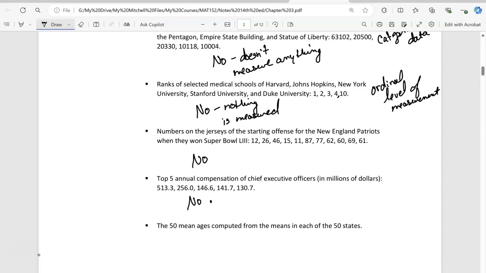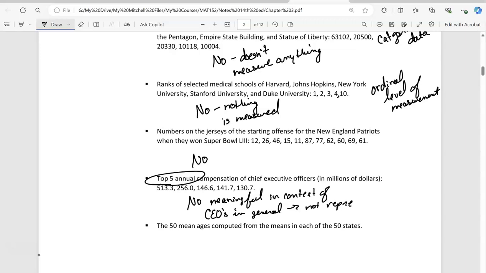We're going to say no. Why would it not be? Well, we're only looking at the top 5, and this is not representative of the population.